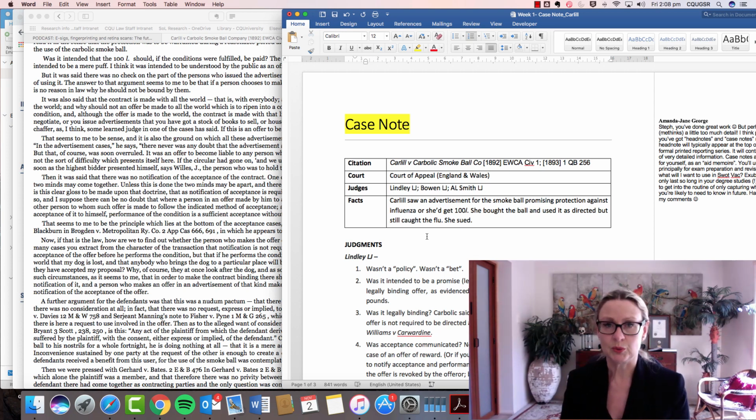Hopefully, this will provide you with a good grounding to go on with some more confidence to look at the homogenous case, which we'll be looking at for week 2 and doing a case note for week 2, intention to create legal relations. That's a much longer case. Conveniently though, you have most of the judges except for Kirby.